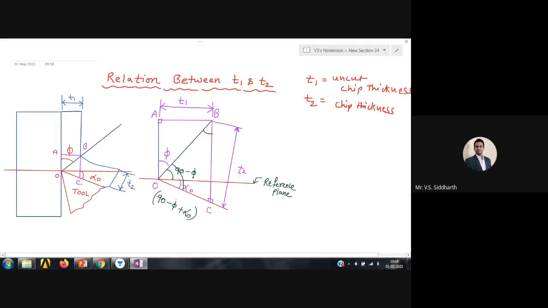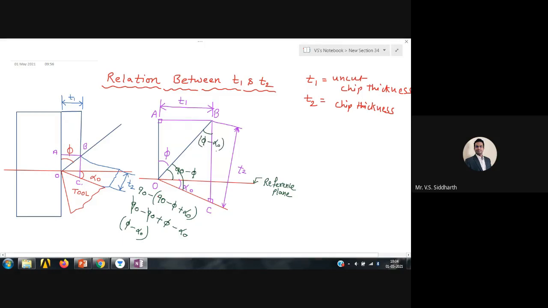So this angle will be 90 minus phi plus alpha naught. 90 minus you have to do with this. So 90 minus 90 plus phi minus alpha naught. So this 90 and this 90 will get cancelled and you will get phi minus alpha naught. So this angle will be phi minus alpha naught.